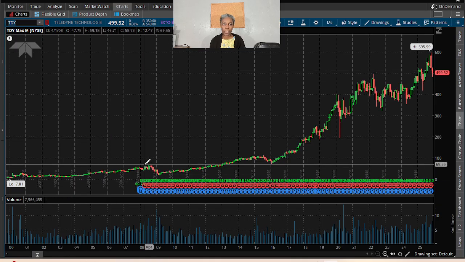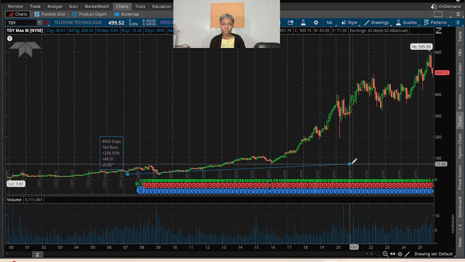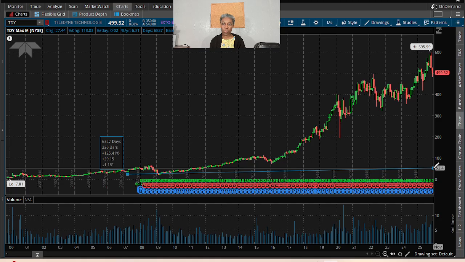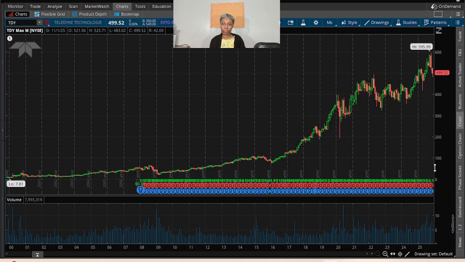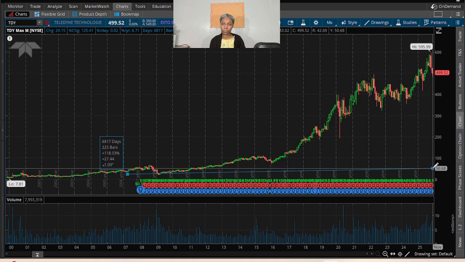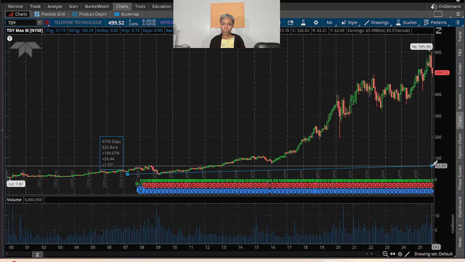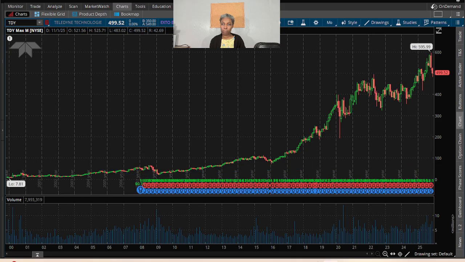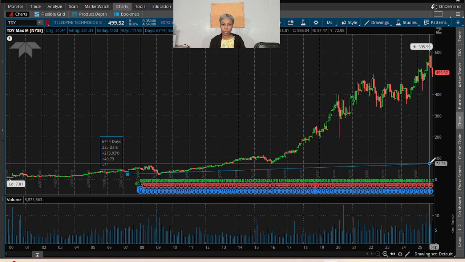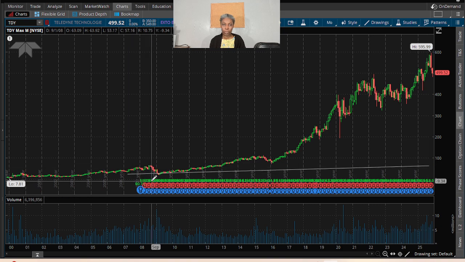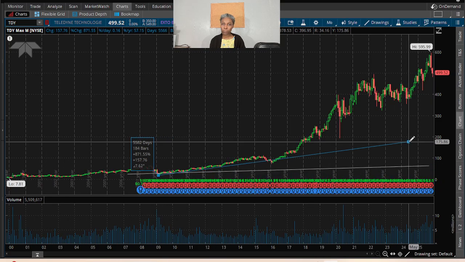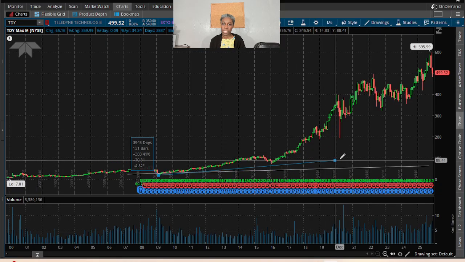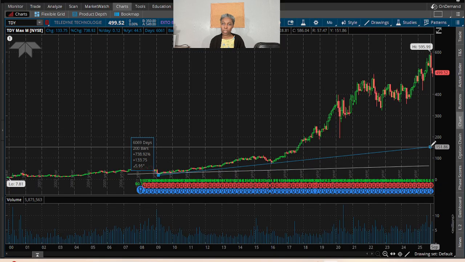So TDY, we can trace some support lines, and you want those to pass by the bottom of the V that you can see easily. It has not touched base with those in a while.